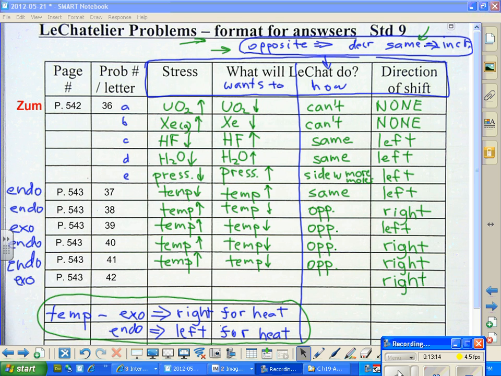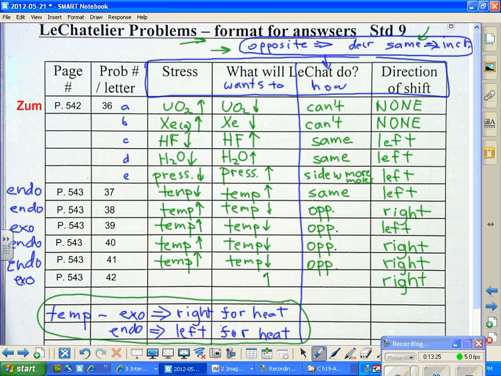So what makes this a little tricky is that we can see that heat is on the right, and to make Le Chatelier go to the right, that means we need temperature being to get him to raise that temperature. And the only way that Le Chatelier can raise temperature is if he goes to the same side the temperature is on.